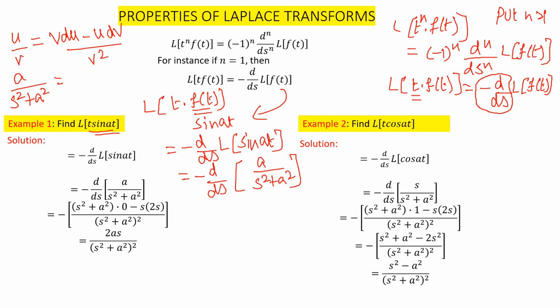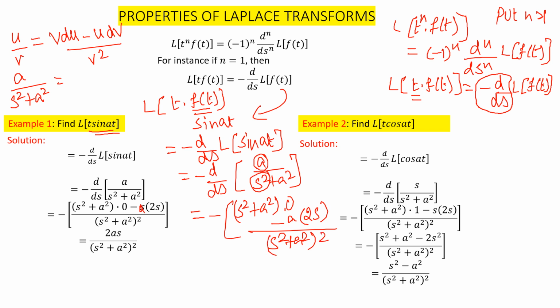By applying the quotient rule formula, we will get minus, s power 2 plus a power 2 times the derivative of a, which is 0, minus a times the derivative of the denominator, which is 2s, divided by s power 2 plus a power 2 the whole square.